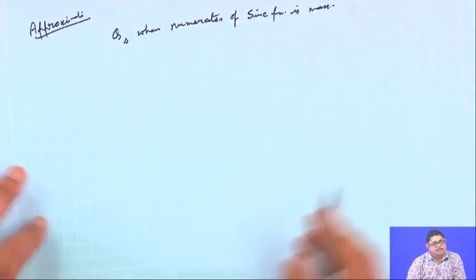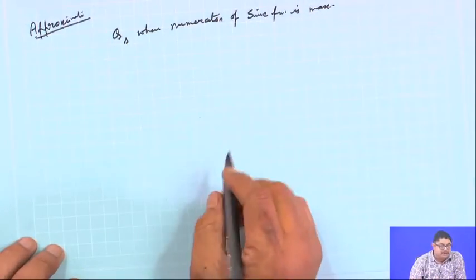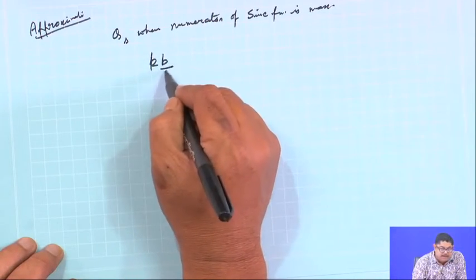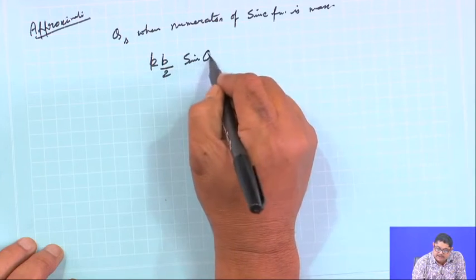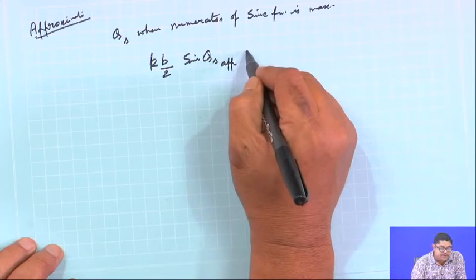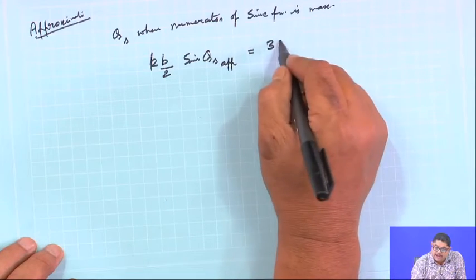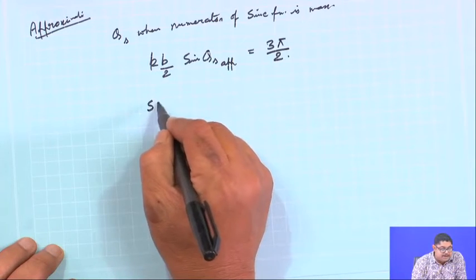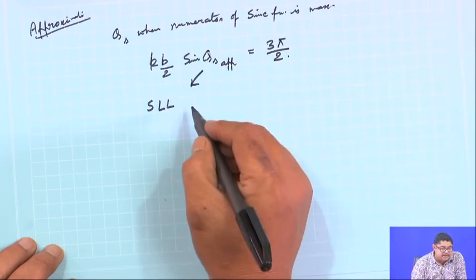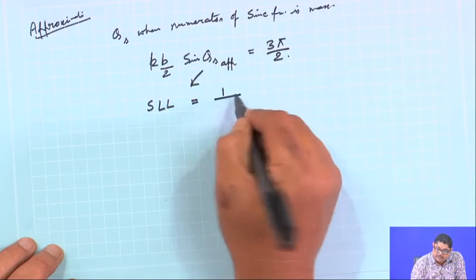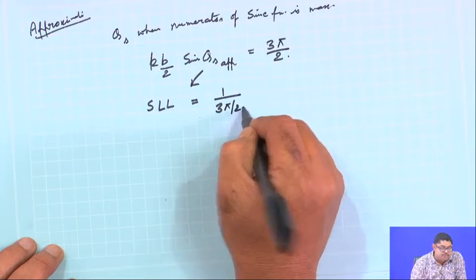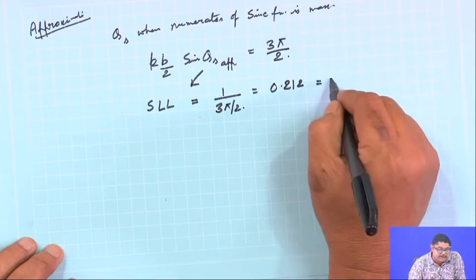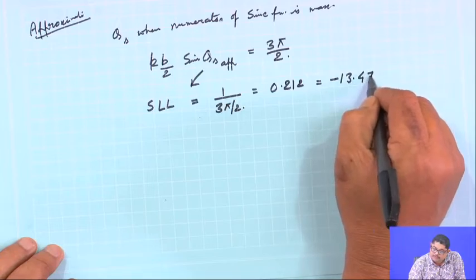This is not true, we have seen that you get it at this value of sinc only, but approximately you can put kb by 2 sin theta s, I am writing approximate, and that will occur at 3 pi by 2 maximum. So, from here the SLL turns out to be 1 by 3 pi by 2, and that is 0.212, and that is minus 13.47 dB.